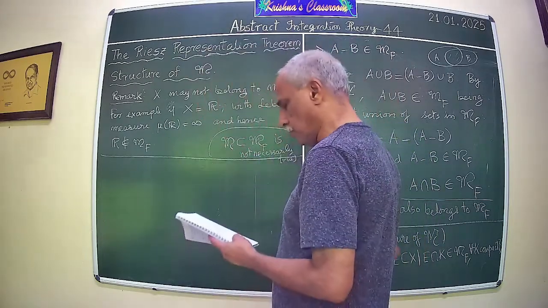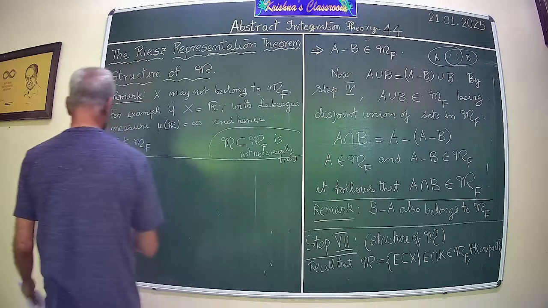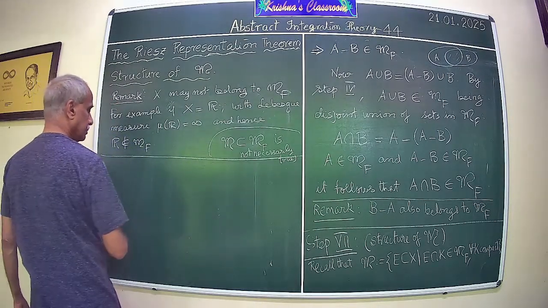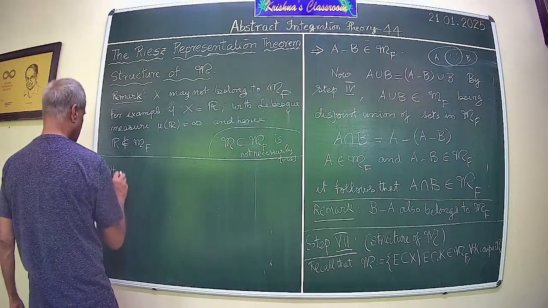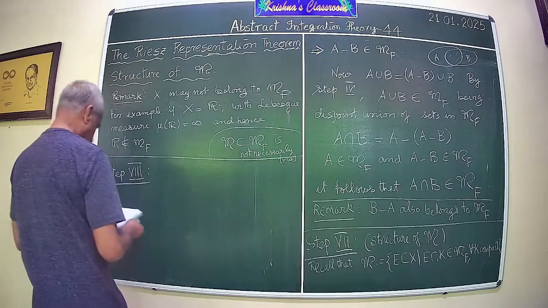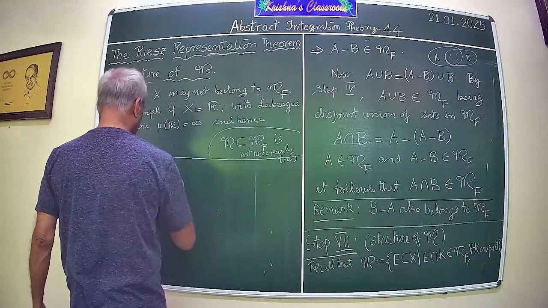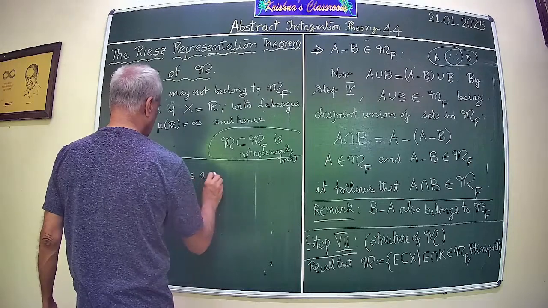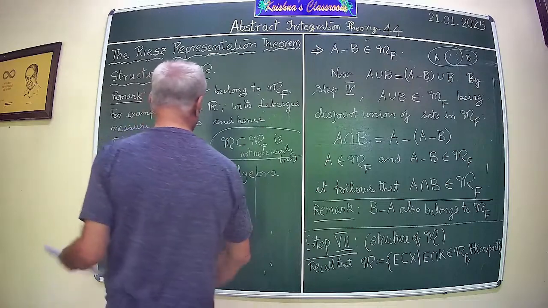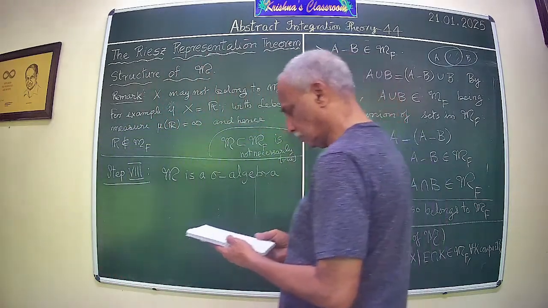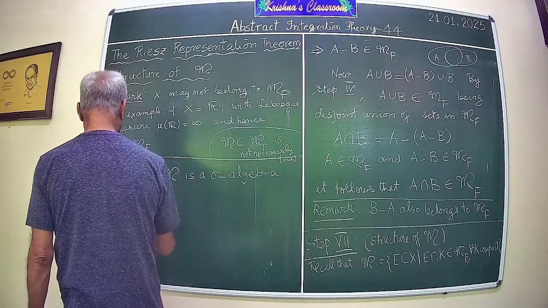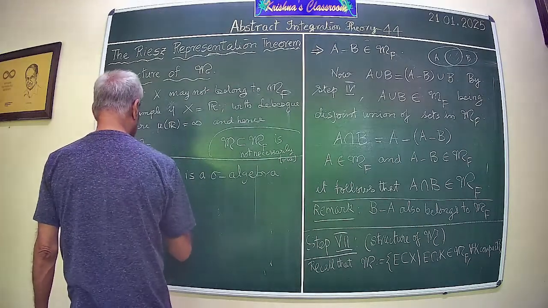Now what we prove is the major theorem, step 8. M is a sigma algebra containing all Borel sets.